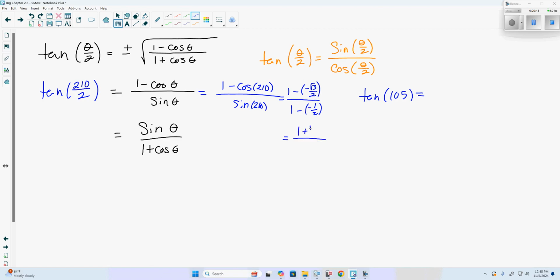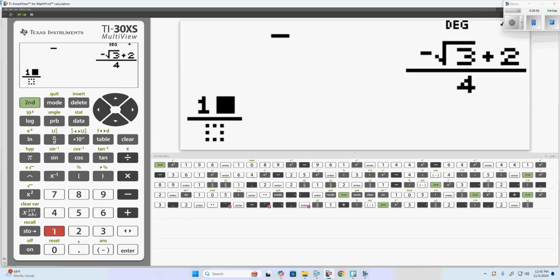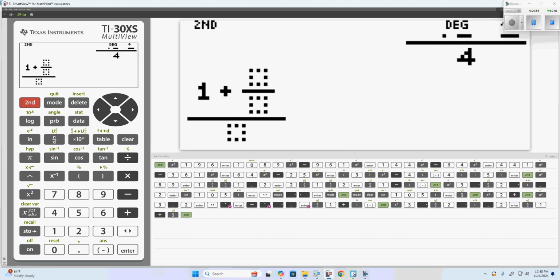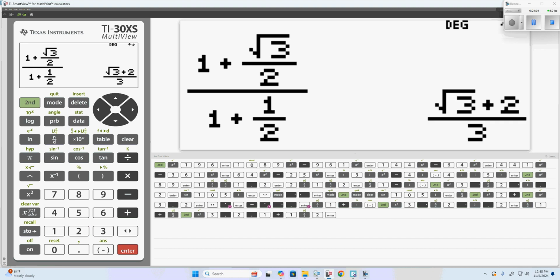So we have 1 plus the square root of 3 over 2, over 1 plus 1/2. That is 2 plus the square root of 3 over 3.